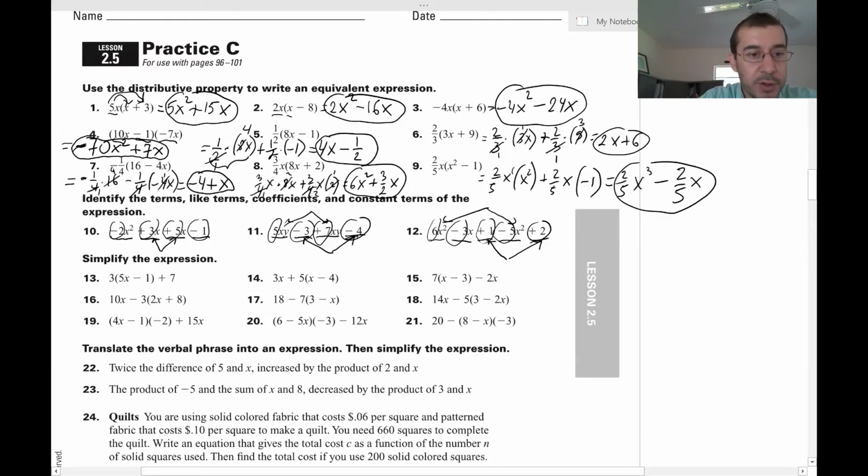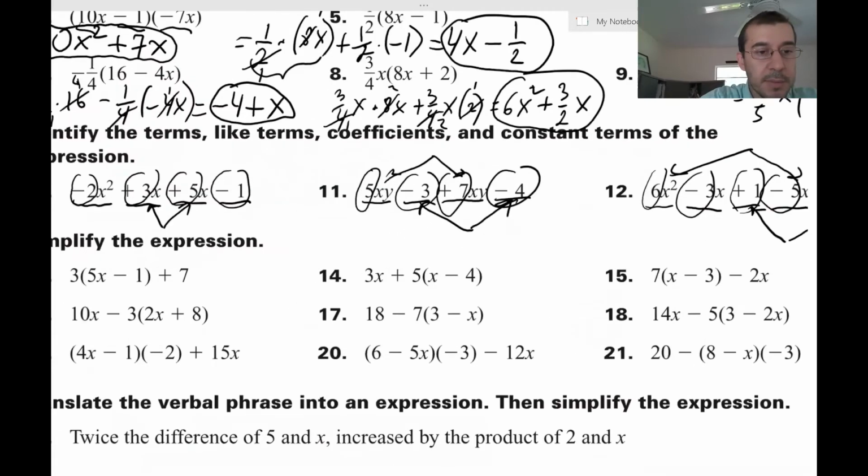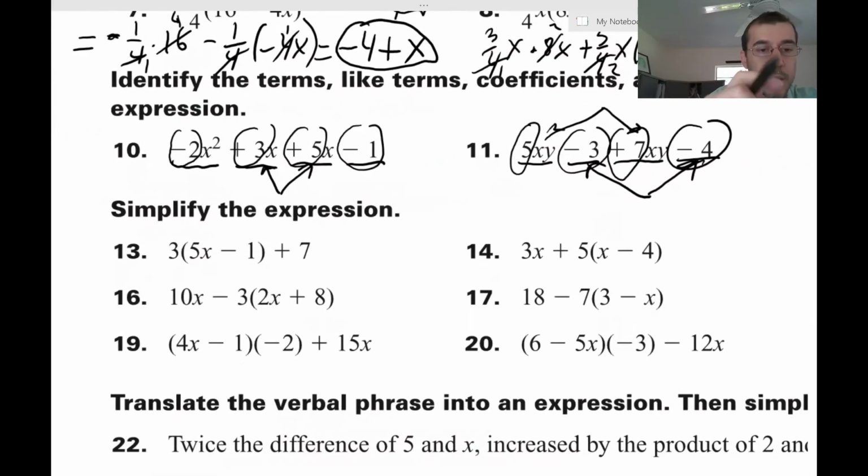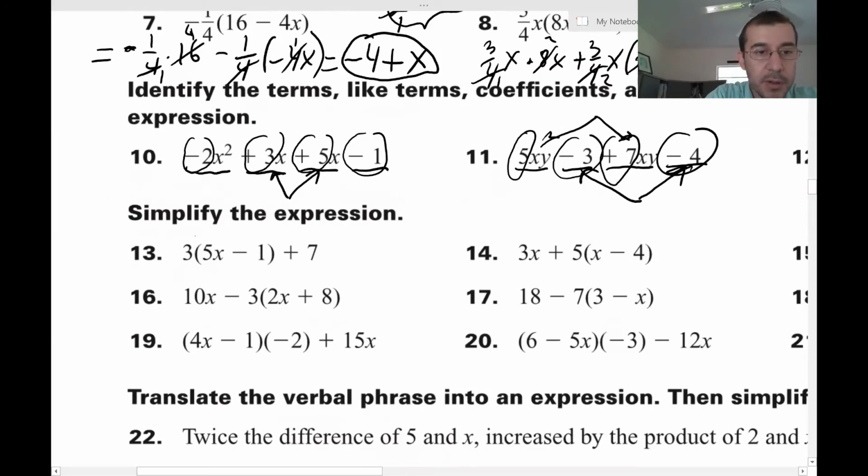Simplify the expression for 13 through 21. We have to multiply these out, applying the distributive property. So we multiply 3 with 5x, and then we multiply 3 with minus 1. So 3 times 5x, 3 times 5 is 15, and then x. And then 3 times minus 1 is minus 3, and then this plus 7.